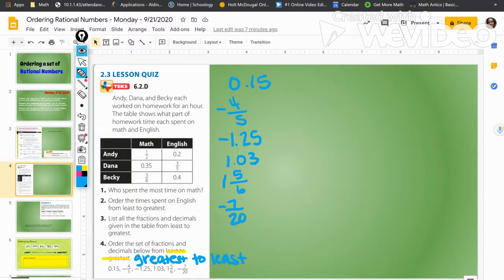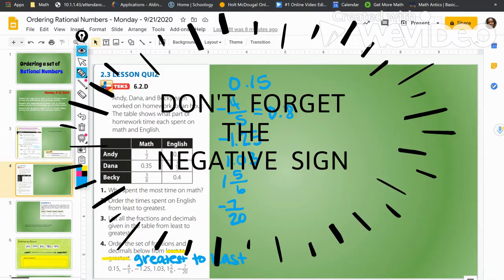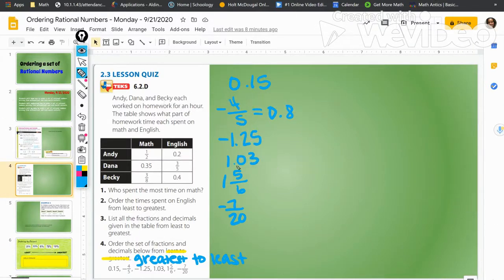So I see equal number of decimals and I see equal number of fractions. I want to change my fractions to decimals. So I know that negative 4/5, using my fingers, my ring finger represents 8/10, so 0.8. That's the decimal.